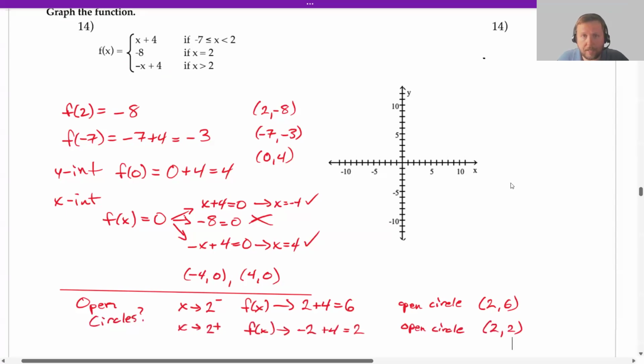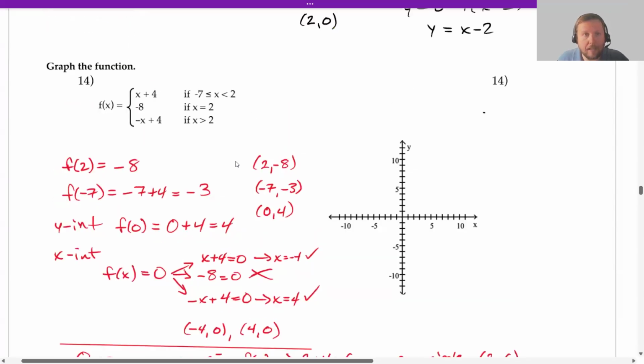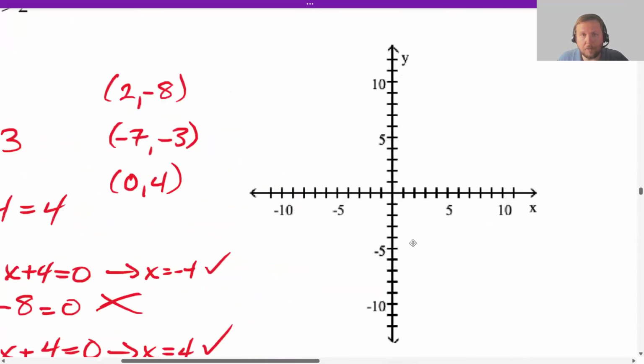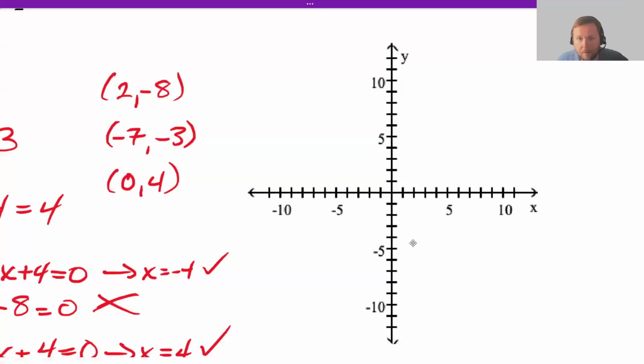So next, let's go ahead and plot what we have. And the first and the third piece are just linear functions. So this piecewise function is not going to be too difficult to graph. But let's plot the points we know. So 2, -8.